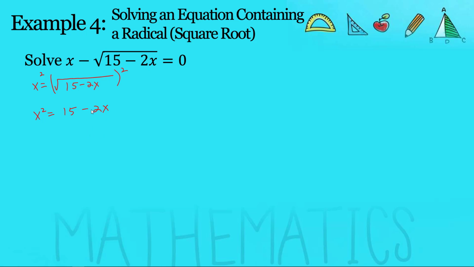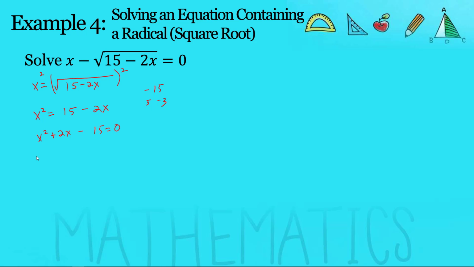So now we can go ahead and solve this equation. The first thing that we probably want to do is get this into standard form, and that would be x squared plus 2x minus 15 is equal to 0. It turns out that this equation is factorable because we do have factors of negative 15 that sum to positive 2. Those factors would be 5 and negative 3.